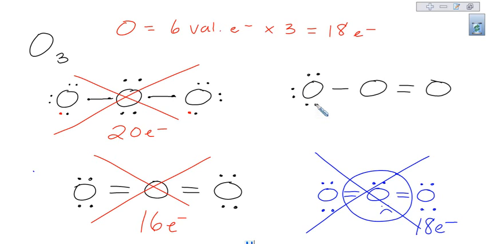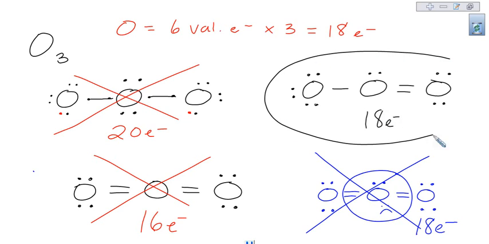Now this time in the center, I do need a lone pair, but now my oxygen does have an octet. 2, 4, 6, 8. And then this guy needs 2 more pairs. Everyone has an octet. 2, 4, 6, 8, 10, 12, 14, 16, 18. Here it is. Smiley. It's actually a single and a double.